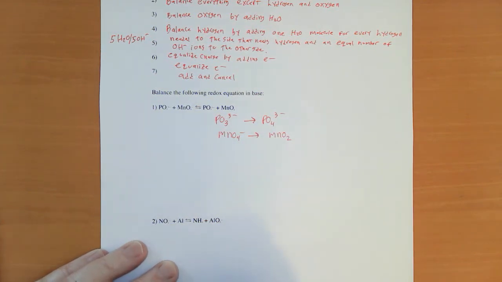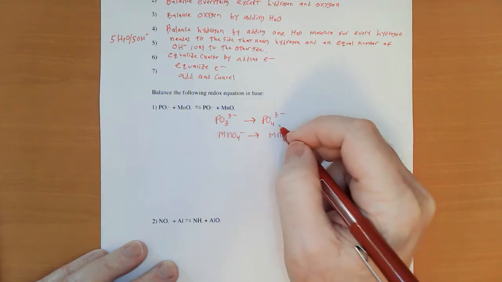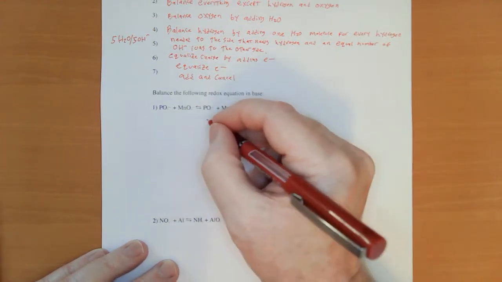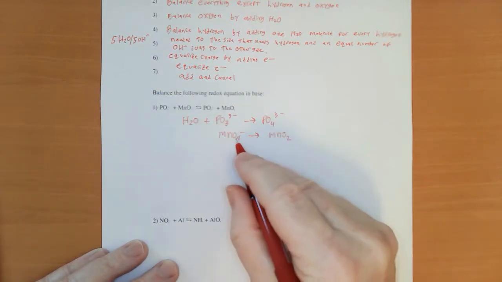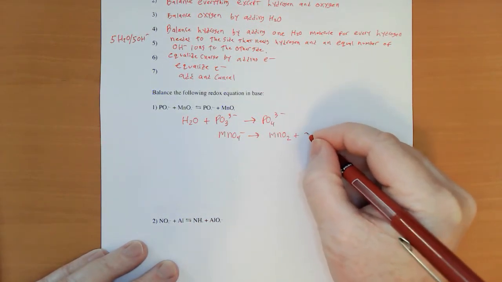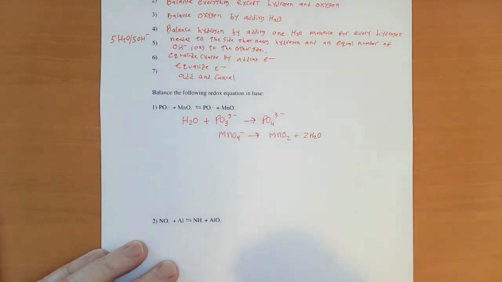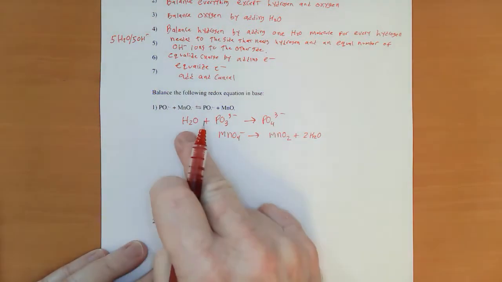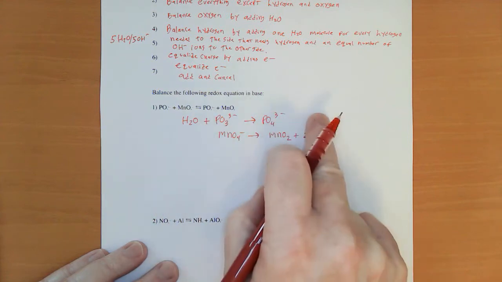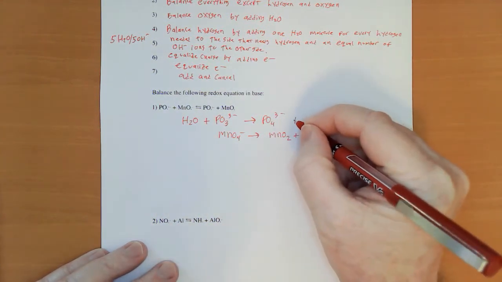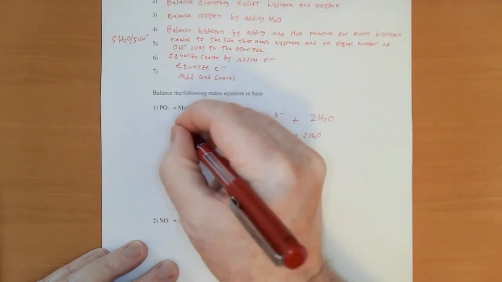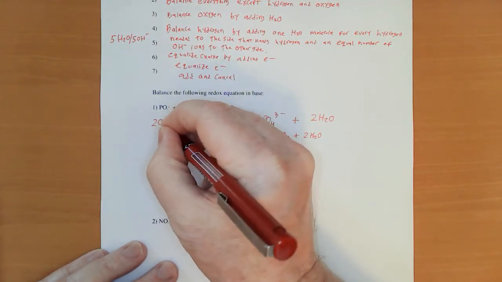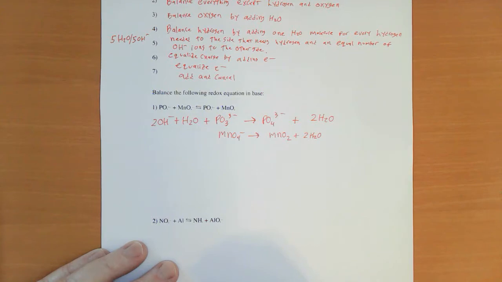We're cool. 3 oxygens and 4 oxygens, I need a water over here. 4 oxygens and 2, I need 2 waters over here. Now it's hydrogen time, step 4. If I need 2 hydrogens on the right, I add 2 waters and 2 hydroxides.